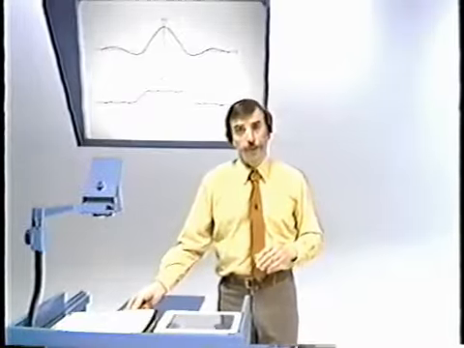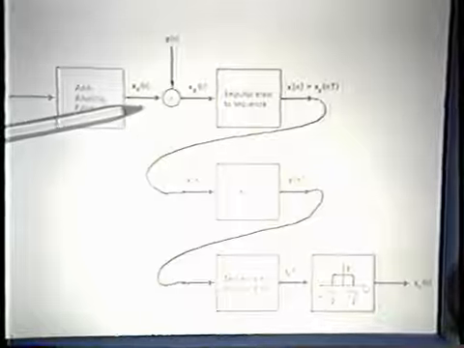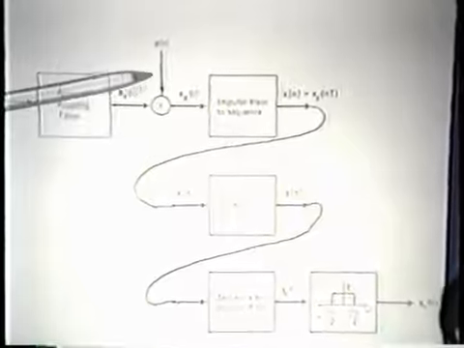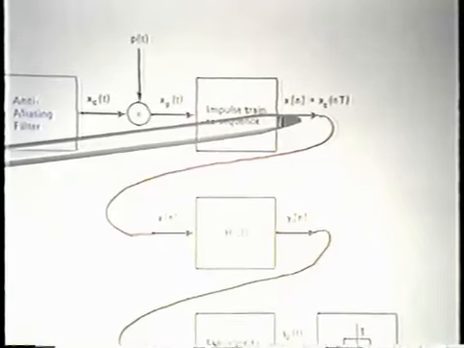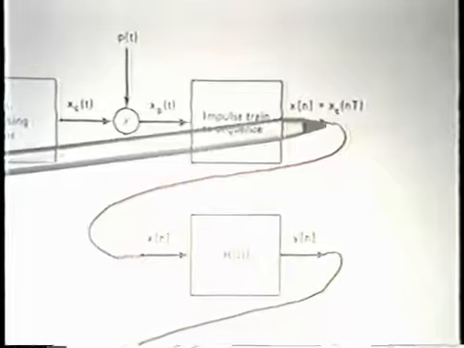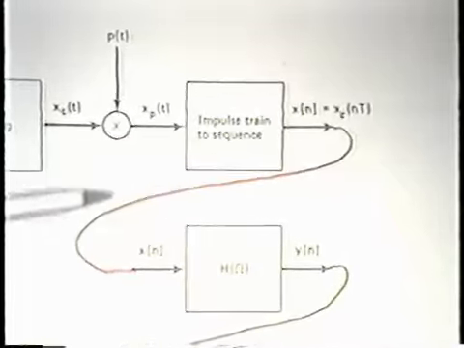Now what I'd like to show is the frequency response of the system. And to measure the frequency response, of course, what we can do is put a sine wave into the system and look at the sinusoidal output. So in particular now, what will happen is that with the system, we will put in a continuous time sinusoid, which is sampled, converted to a sequence. The sampled continuous time sinusoid is a discrete time sinusoid.